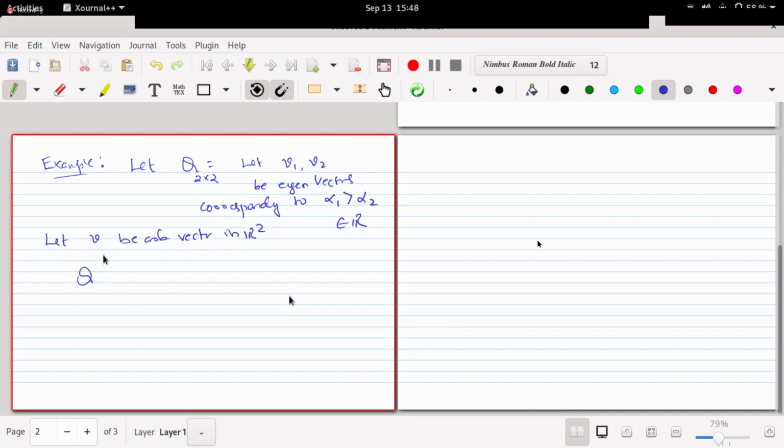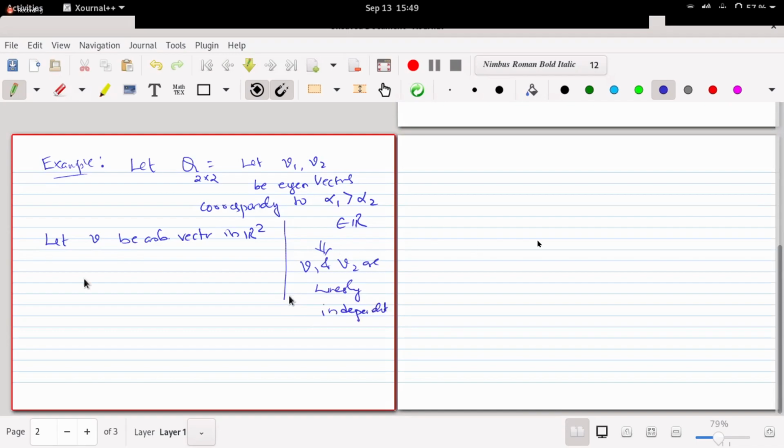Since alpha 1 and alpha 2 are distinct, V1 and V2 are also linearly independent. Is this okay?